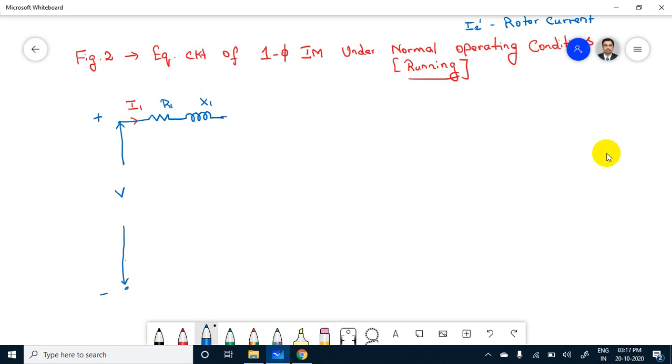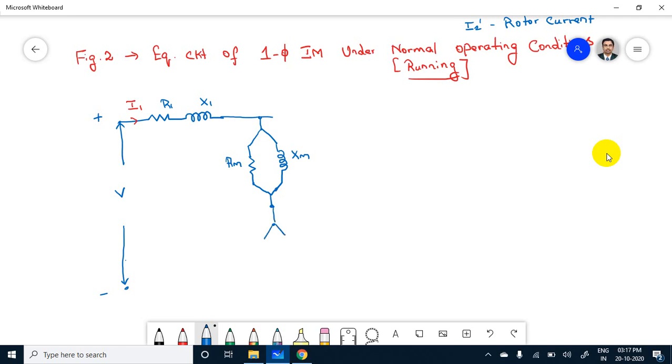Then it will be given to a leakage arrangement, that is Rm Xm, but we have to represent this into two.